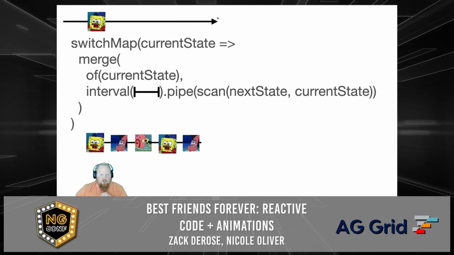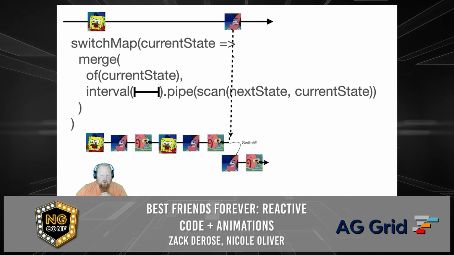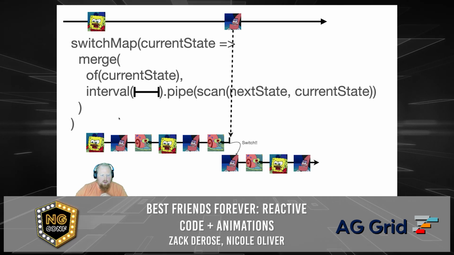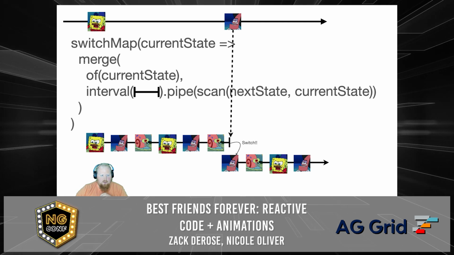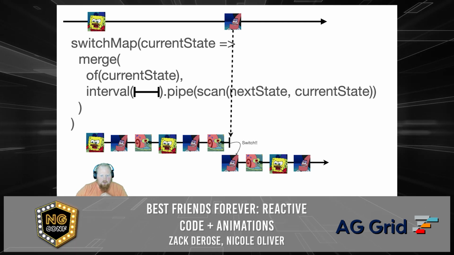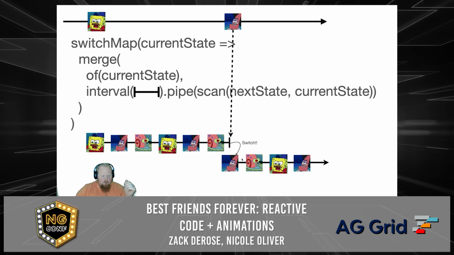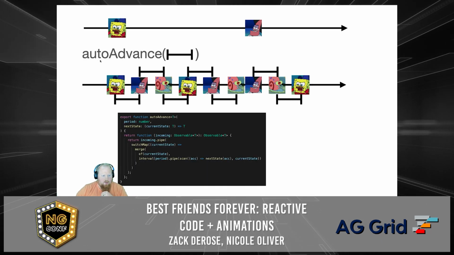But when we observe a click event from Nicole right there, we can see Patrick comes in, interrupts, and we switch from the timeline that was beginning with SpongeBob to a new timeline we created using the same code, but starting with Patrick this time. By doing this, we essentially get to our desired behavior. This is the auto-advance operator we were talking about at the beginning.